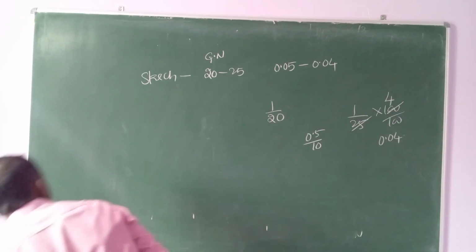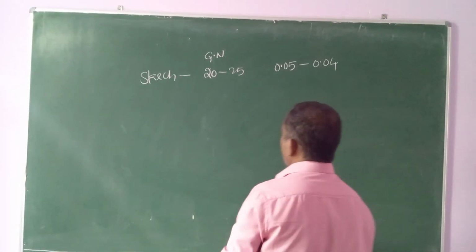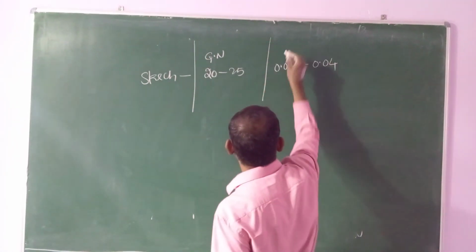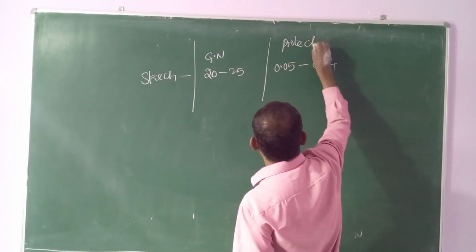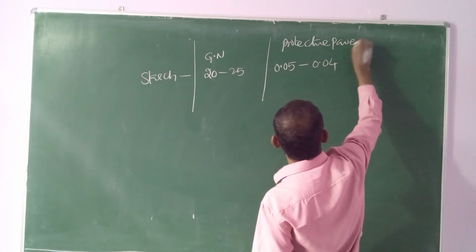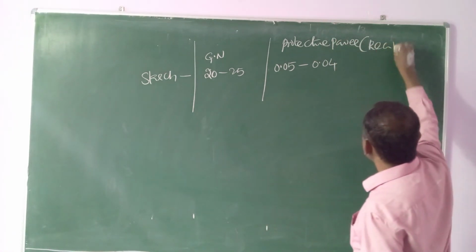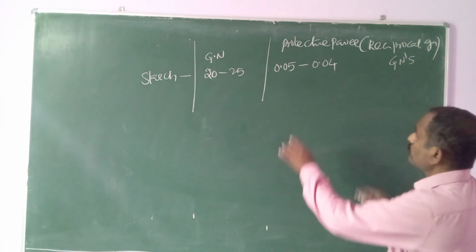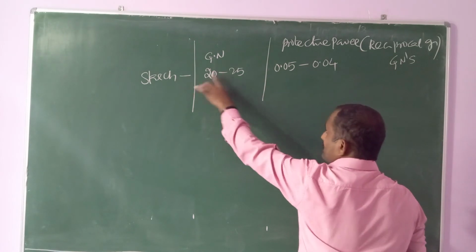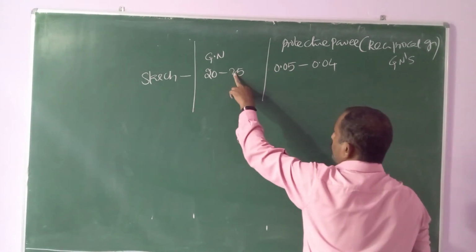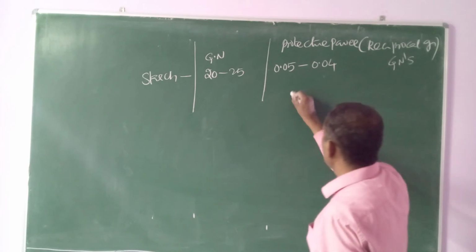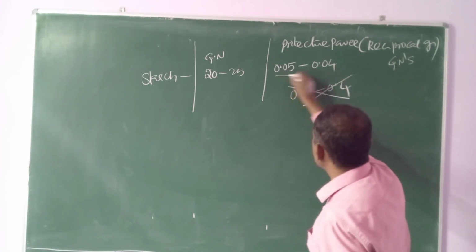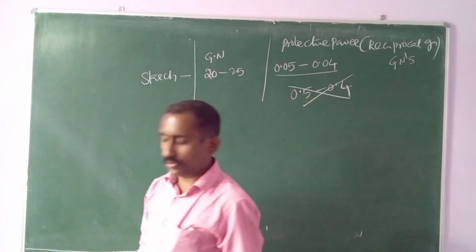Sorry, last one, starch values. So gold number is correct only. Starch gold number is 20 to 25 and protective power is nothing but the reciprocal of gold numbers. Sorry, this we have to change. Reciprocal of 20 means 0.05, reciprocal of 25 is 0.04. Instead of 0.5 to 0.4, we have to change it to 0.05 to 0.04.